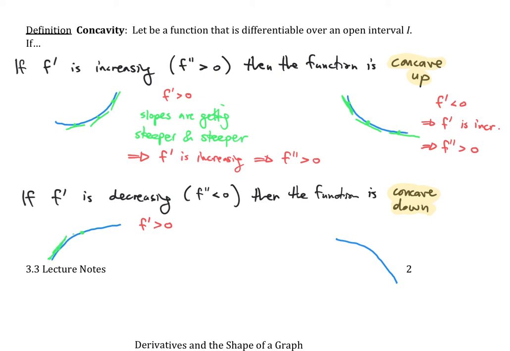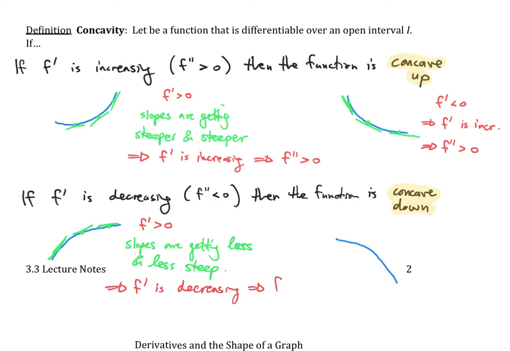This tangent line is less steep. This tangent line is even less steep. So the slopes are getting less and less steep. Okay, so what does this mean? This means my f prime is decreasing, which means my second derivative is less than 0.